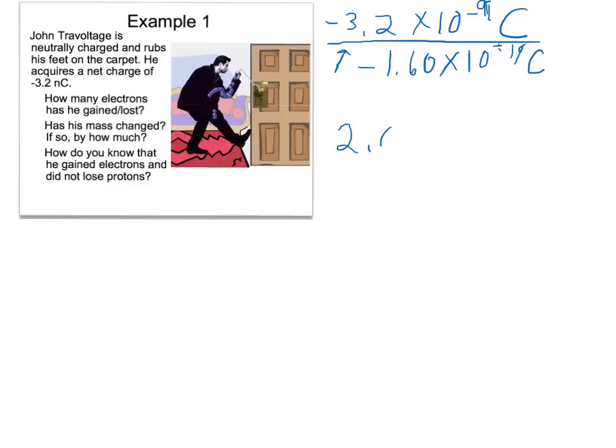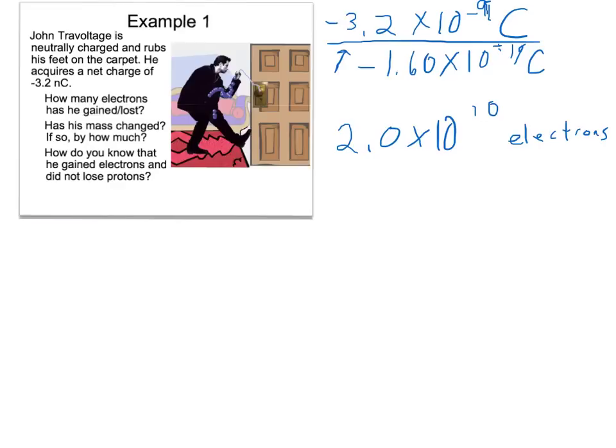So we get 2.0 times 10 to the 10th electrons. And now if I grab a calculator and confirm that, I get the same answer, 2 times 10 to the 10th electrons.